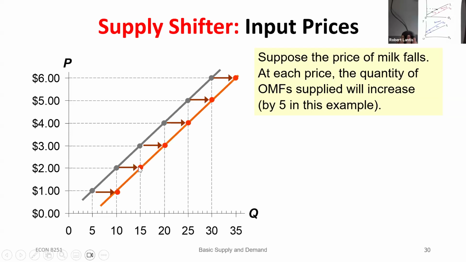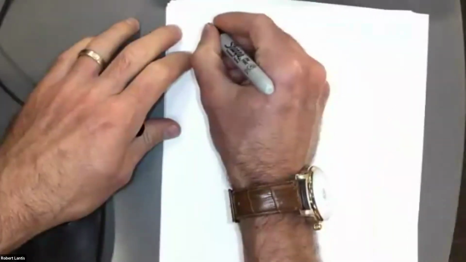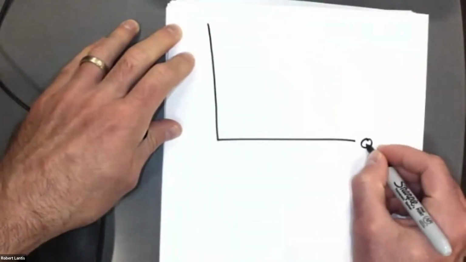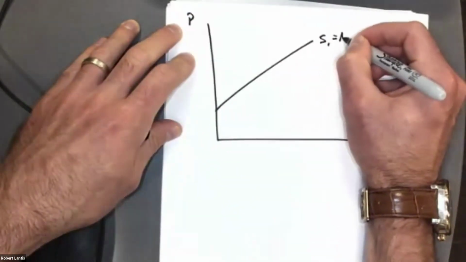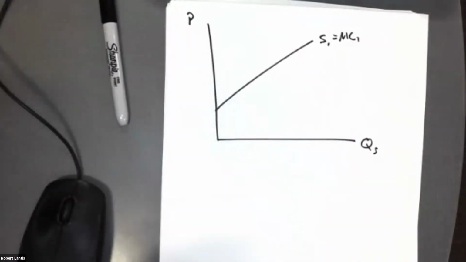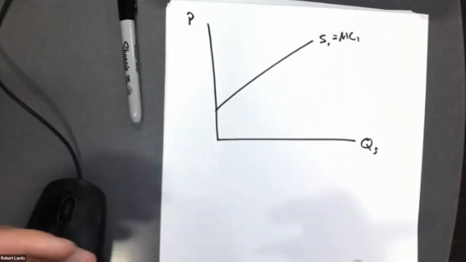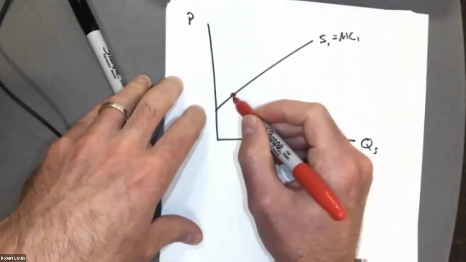Okay. Now, another way of thinking about this is if the supply curve represents my marginal costs, we have this supply curve, it represents my marginal costs. If my input prices, if the price goes down, well, what's happening at every single quantity?